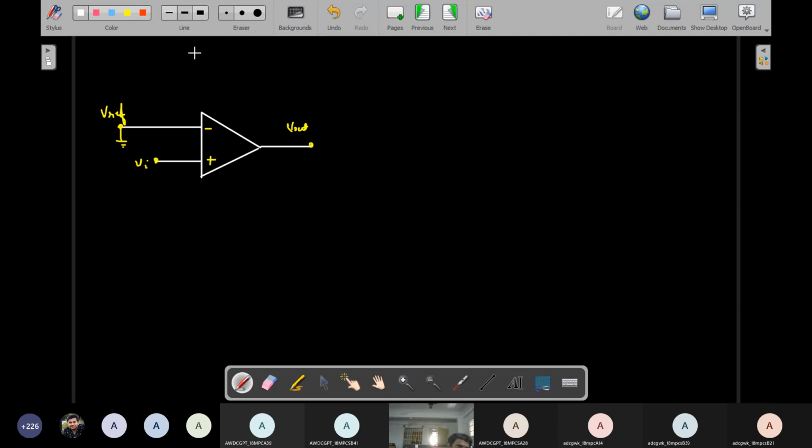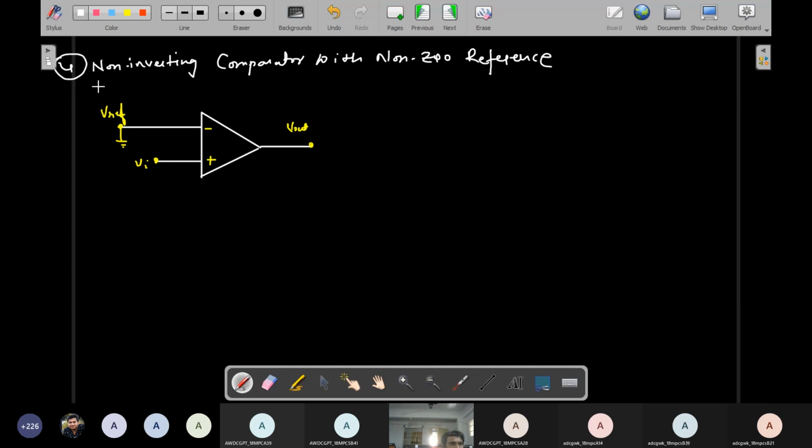So next, this is the non-inverting comparator with non-zero reference. This is the fourth case: the non-inverting comparator with non-zero reference.